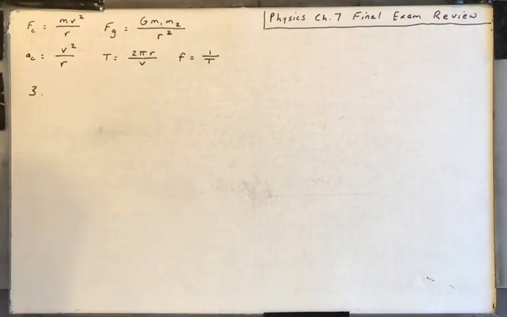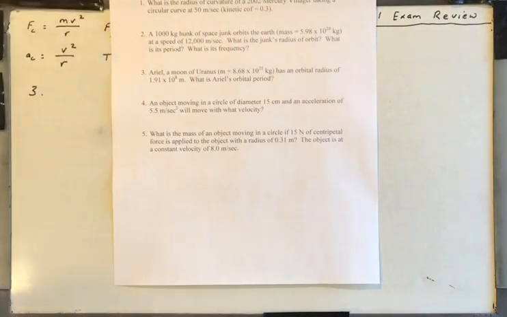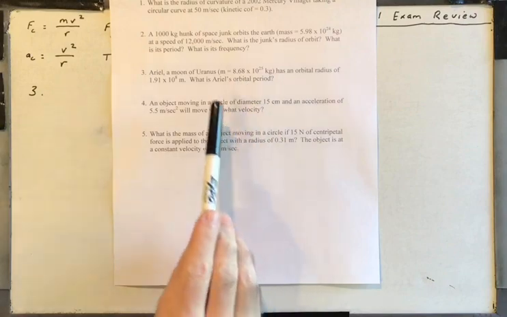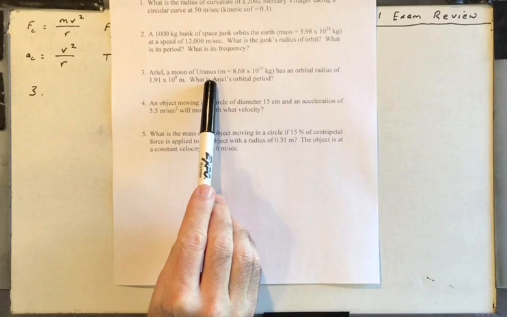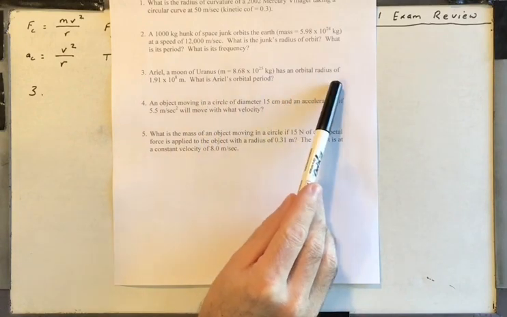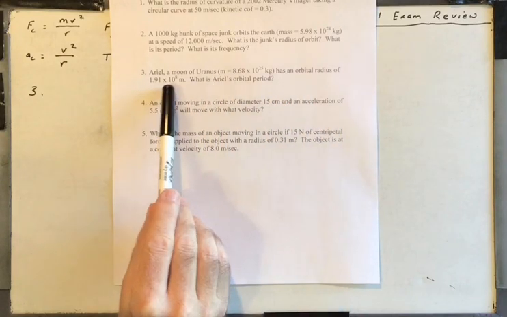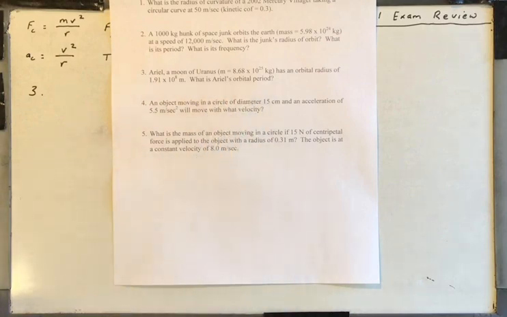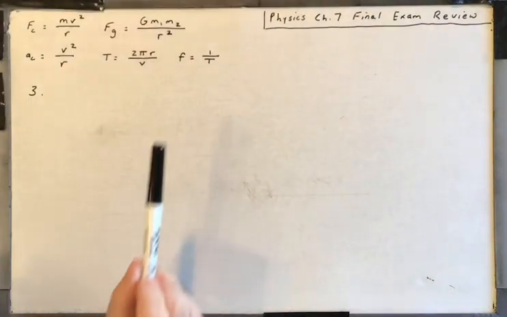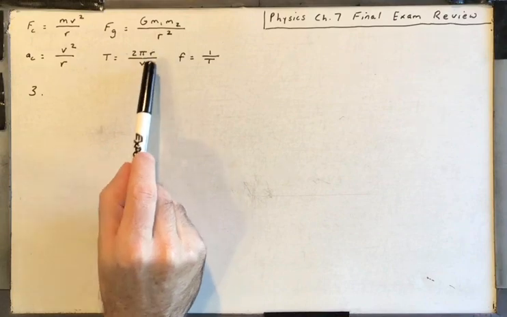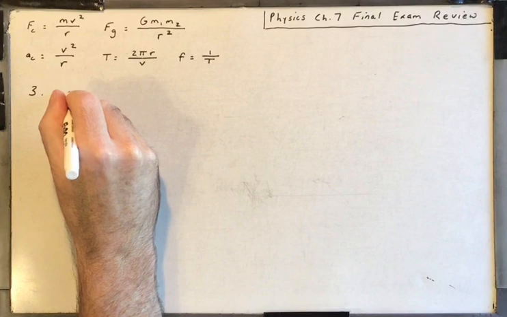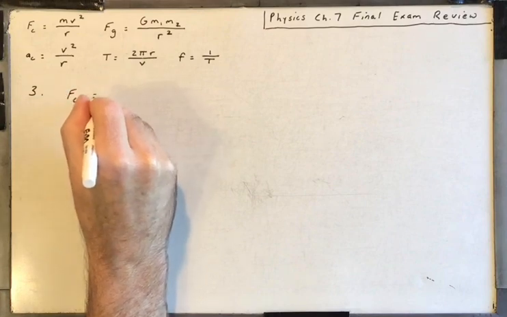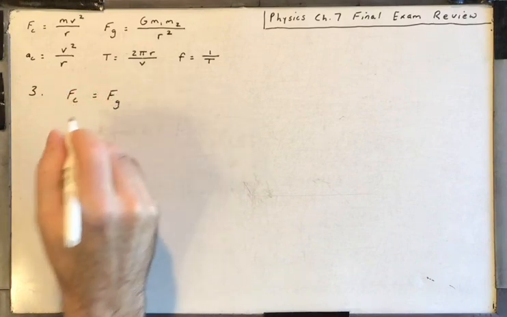Number 3. Says Ariel, a moon of Uranus, has an orbital radius of 1.91 times 10 to the 8th meters. What is Ariel's orbital period? All right, so period, they gave us radius, we don't have velocity. So we need to get velocity. We can get that by going through the process of F sub c is equal to F sub g.